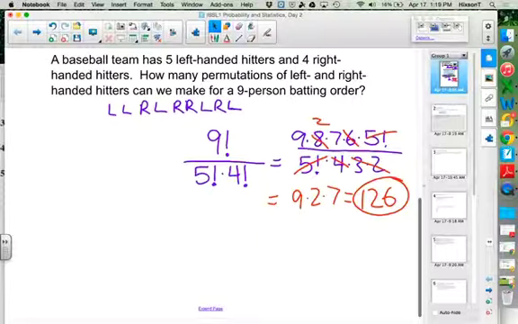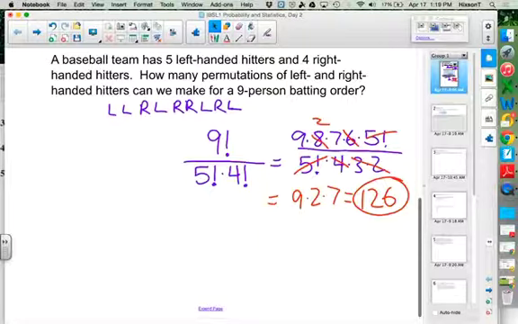Like the order is left, right, left. Left, left, right, left, right, right, left, right, left. Is it random? That's just one permutation out of these 126. We could come up with a whole bunch more. 125 more.